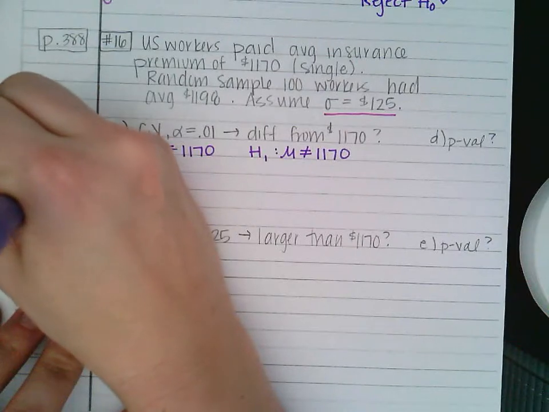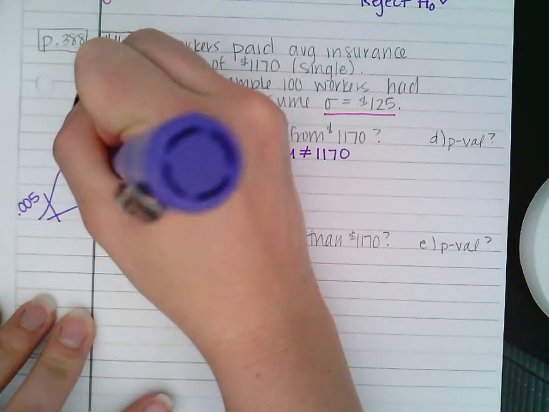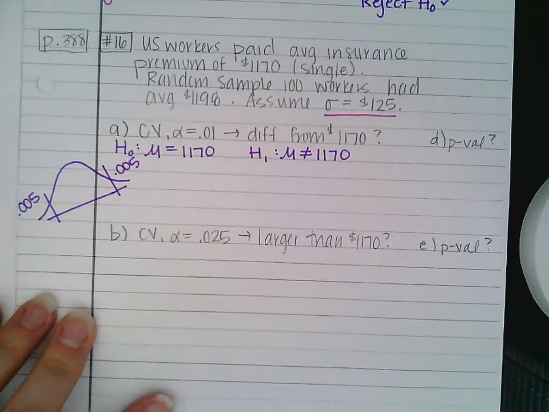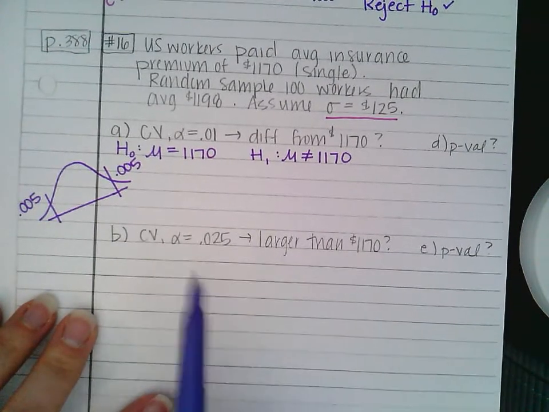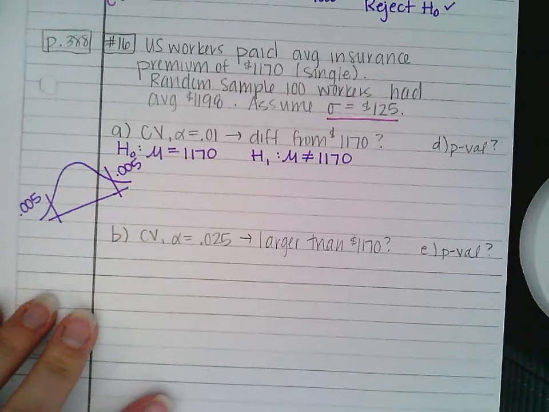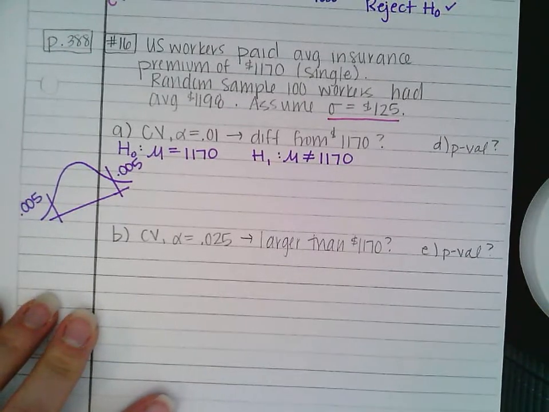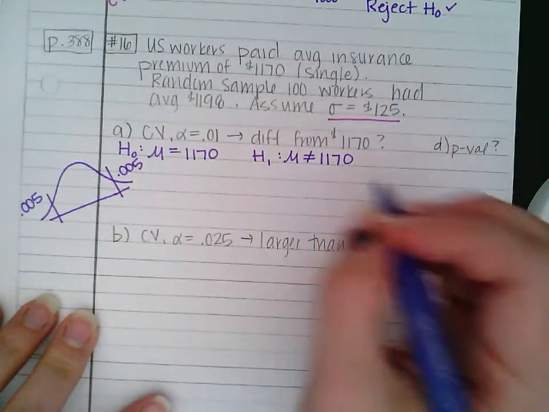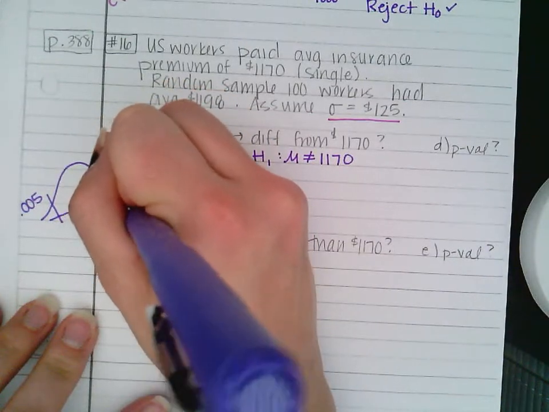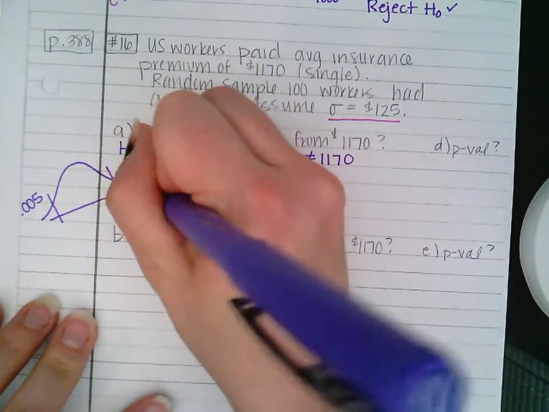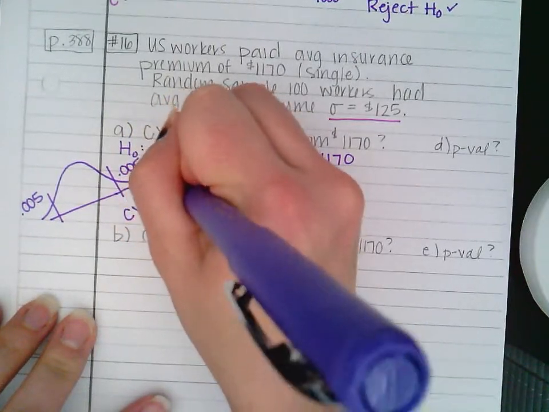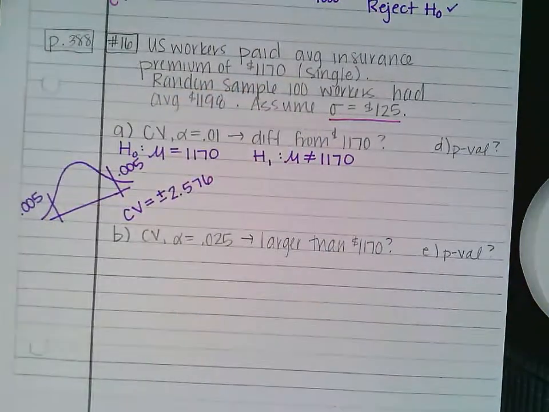So 0.005, 0.005, just like so. And then I need to calculate what that critical value would be. So that critical value would be plus or minus 2.576.